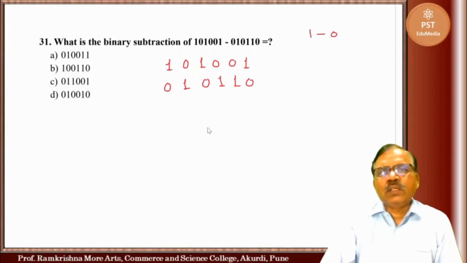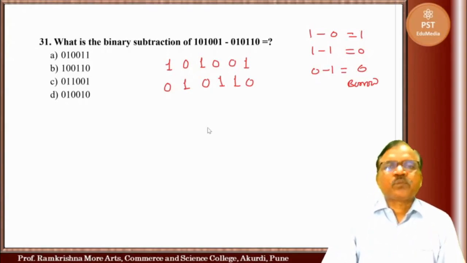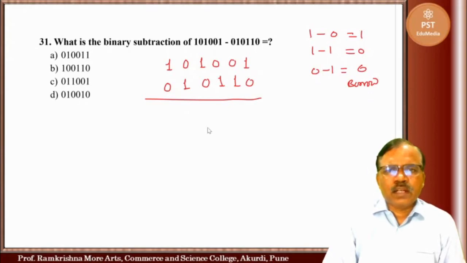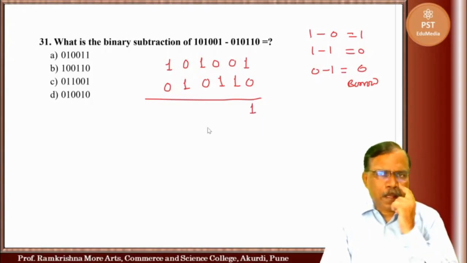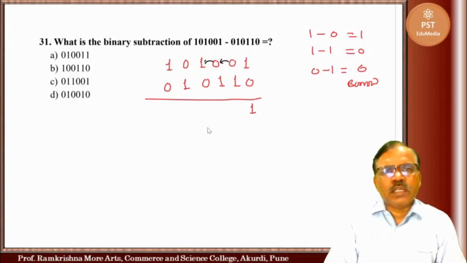Now 1 minus 0 is 1, 1 minus 1 is 0, 0 minus 1, you have to take a borrow here. So how can we borrow here? Now see here 100, here 1 minus 0 is 1 here. Now 0 minus 1, so we have to borrow. So we borrow from this, but here it is 0, so you have to borrow here.